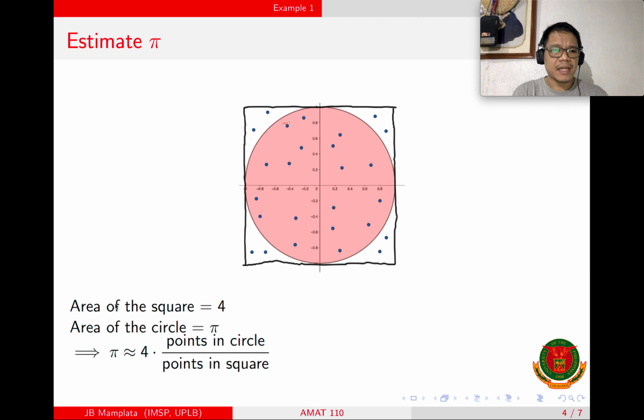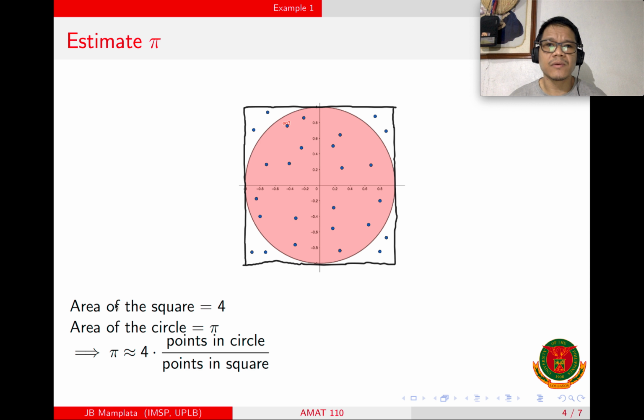The value of pi is approximately equal to 4 times the number of points in the circle divided by the number of points in the square. When we say the number of points in the square, this means the total number of darts thrown, including those points that were inside the circle.